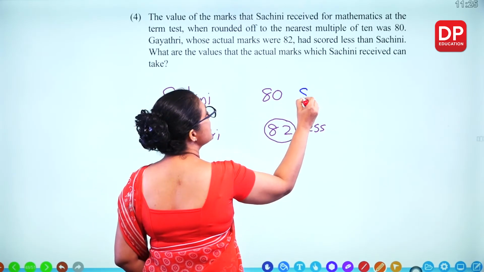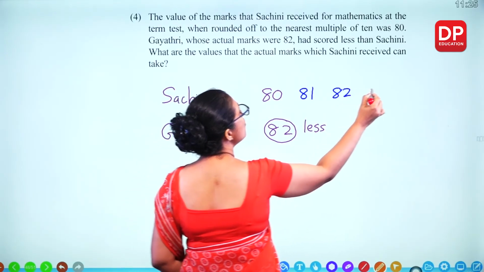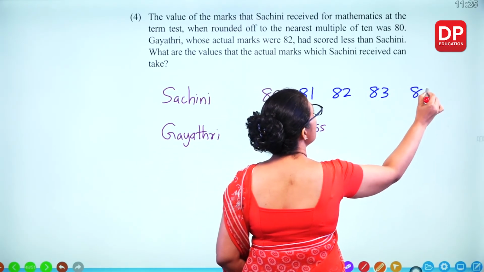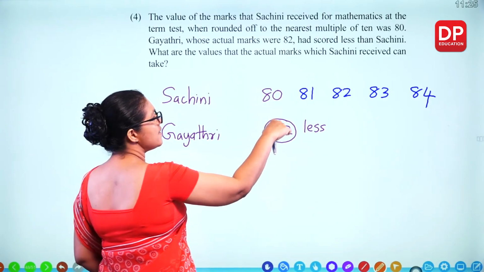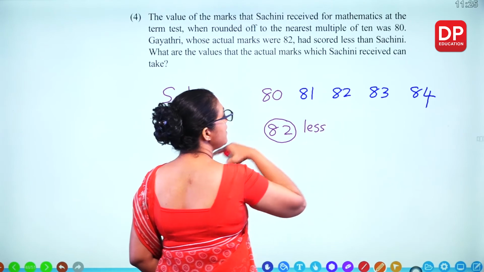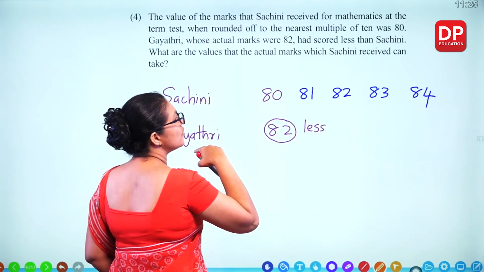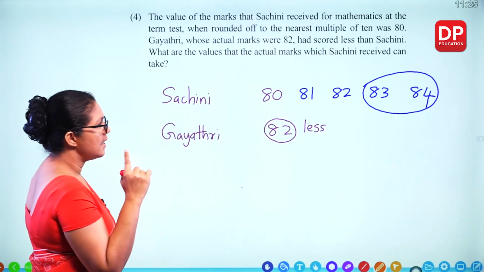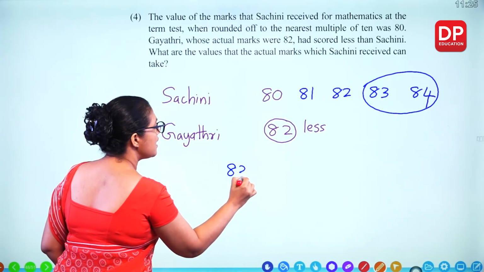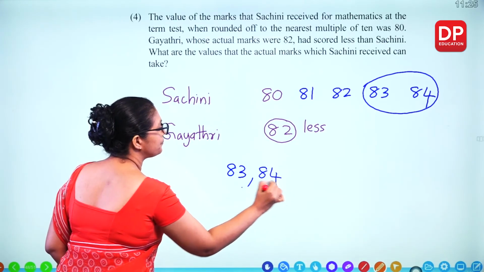So this can be 81, 82, 83, 84. Now 82 is a lesser number than this. So what are the possible numbers then for Sachini? It can be 83 or 84.